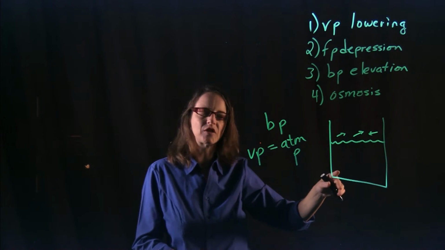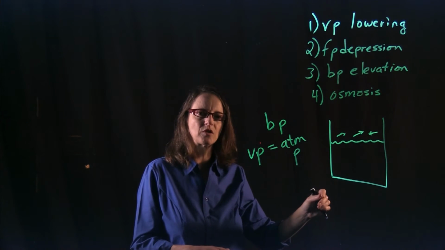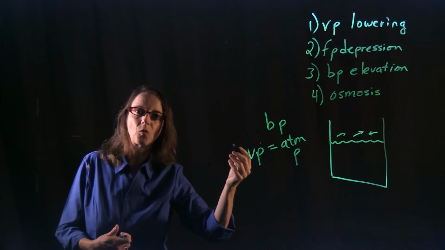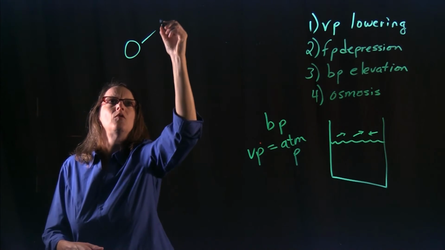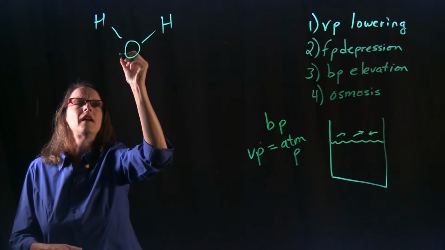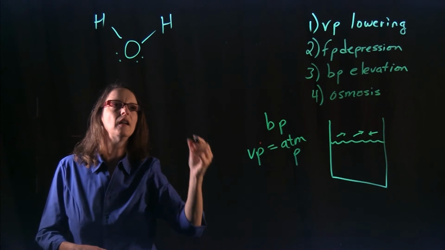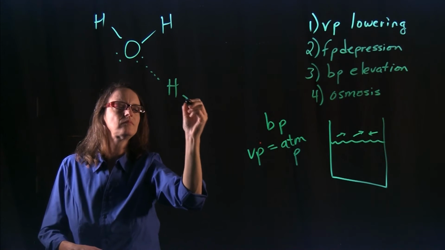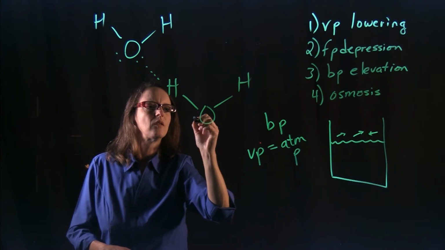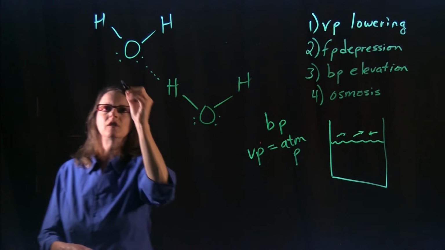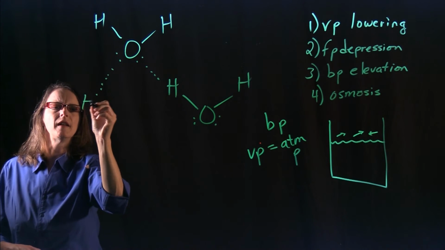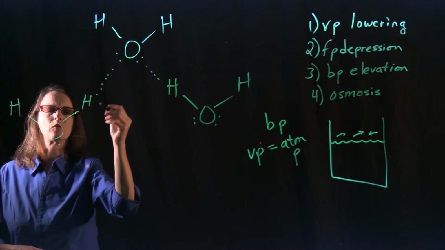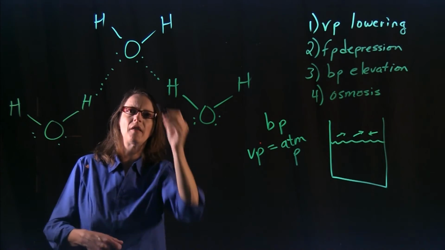The freezing point of a solution is always lower than that of a pure solvent because you can imagine that for water, for example, we know that water has this nice bent molecular geometry and that it takes a nice zigzag pattern when the hydrogen bonding regions line up, where one water molecule is hydrogen bonding to another and so forth.